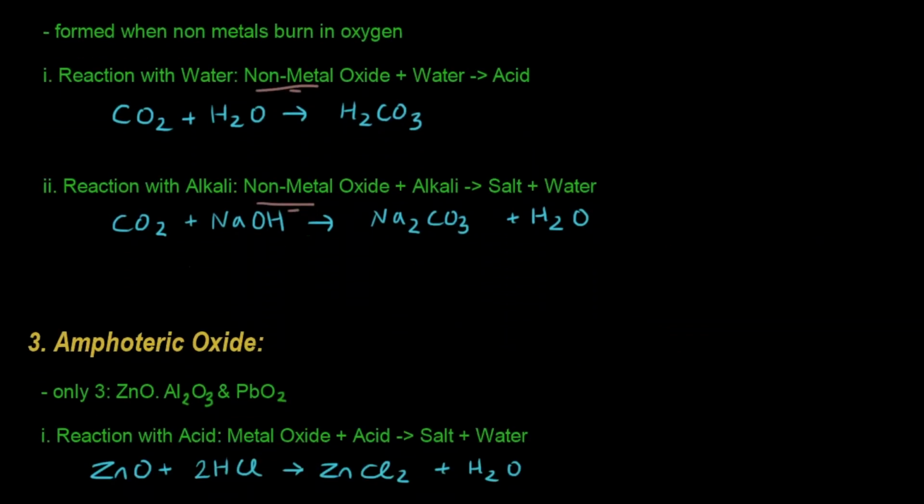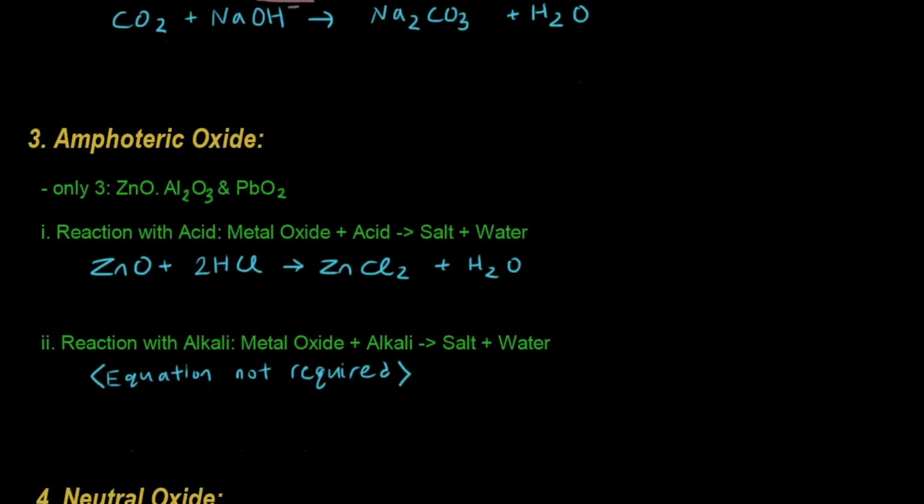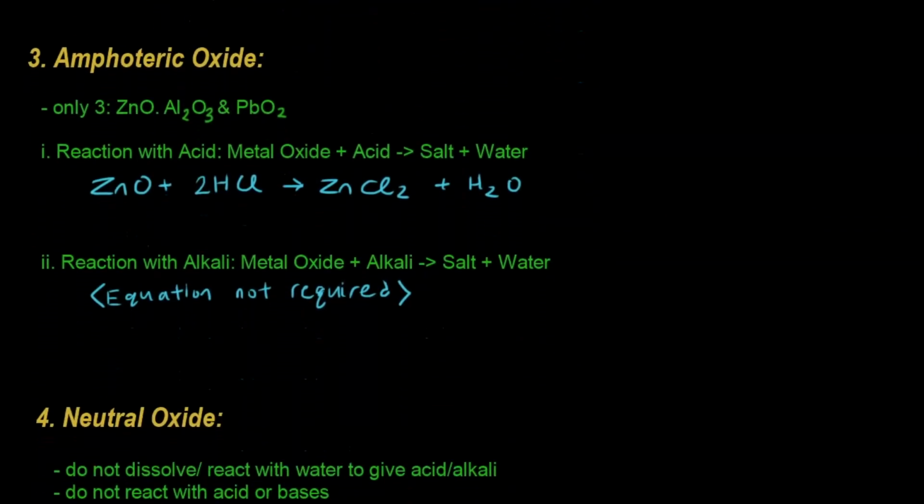Next is the special one that we saw just now. It's called amphoteric oxide. There are only 3 of them to remember in your syllabus. First one is zinc oxide, second, aluminium oxide, third, lead oxide. The rest, there are obviously more in nature, but in your syllabus, just remember 3. How it works is really very simple.